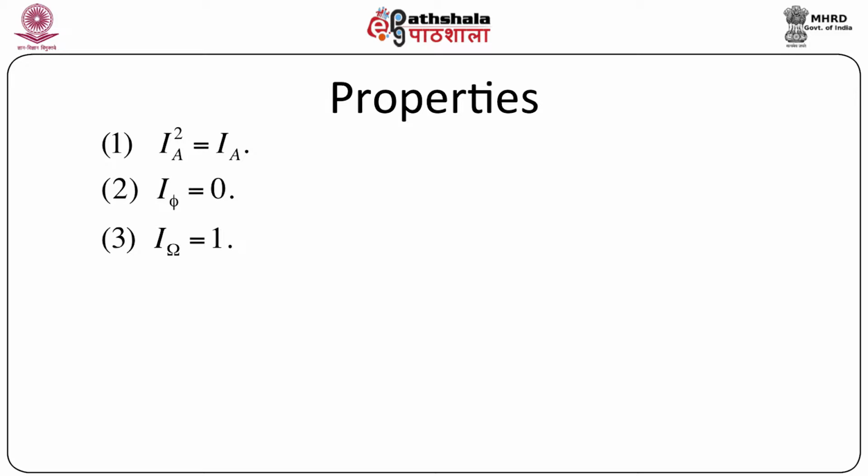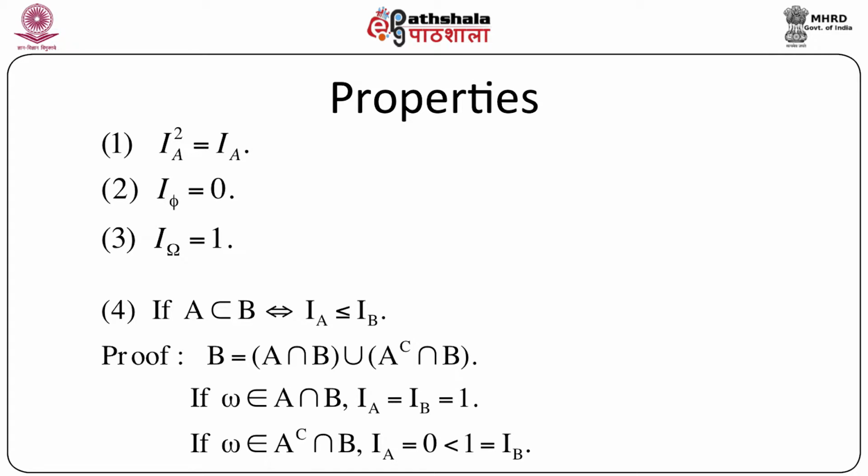Now what about slightly more complicated things, but ultimately it will come out to be very, very simple. If A is a subset of B, this is implied by and implies I_A is less than or equal to I_B. The proof is extremely simple, just following the standard results in set theory.